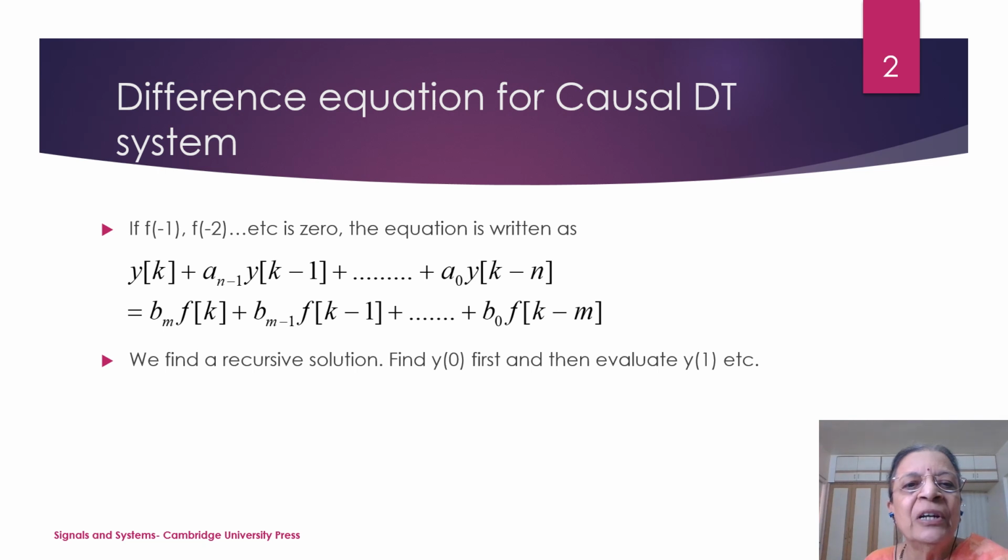Now in this case we are assuming that the initial conditions are 0 and we are writing the equation as y[k] + a_{n-1} y[k-1] + etc. up to a_0 y[k-n] is equal to b_m f[k] + b_{m-1} f[k-1] etc. up to b_0 f[k-n], where f is the input to the system and y is the output of the system.